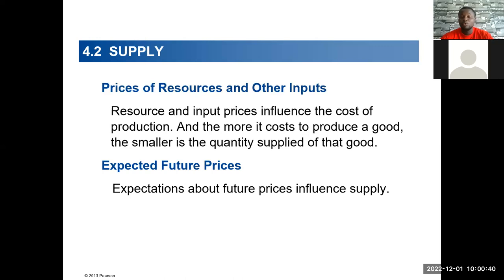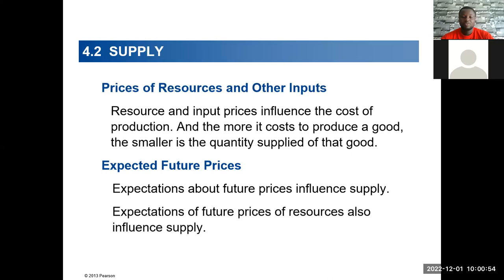So supply will be very low now. You understand? But then if they expect a fall in price in the future, they will tend to sell whatever they have now. So supply tends to be high currently. Okay. So the future expectation of prices too affects the supply of a commodity.